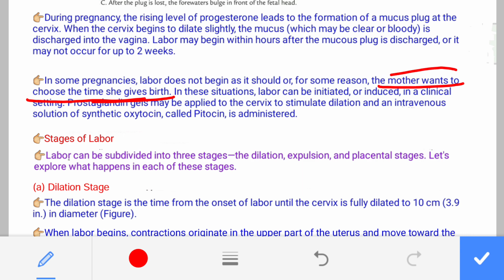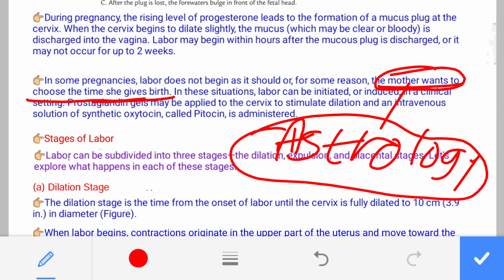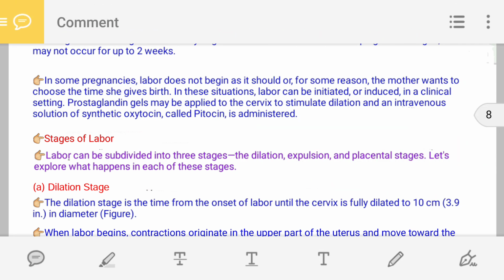For example, let's say the mother is a strong believer in astrology, so she wants to give birth on a particular day or at a particular time.